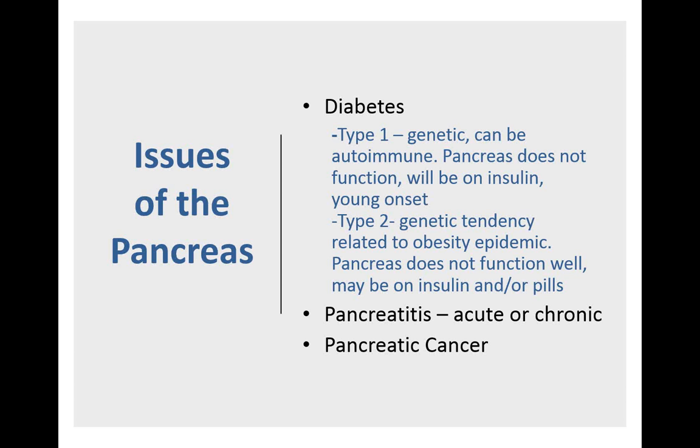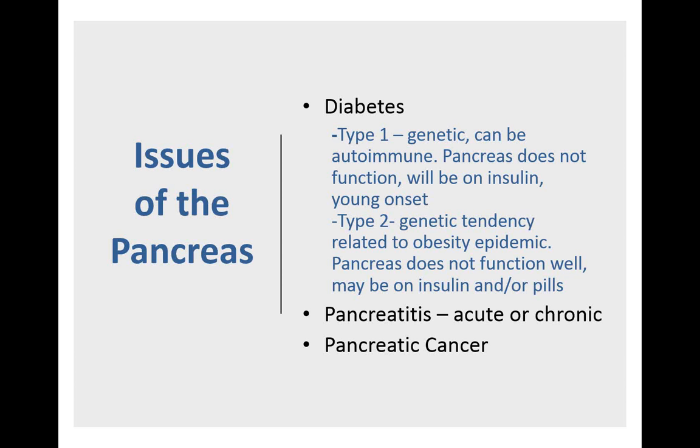When you see itis on the end of anything, it basically means inflammation. So inflammation, or pancreatitis, can cause damage to these cells, and it can be acute, which means severe and sudden in onset, or chronic, persistent and developing over a period of time.